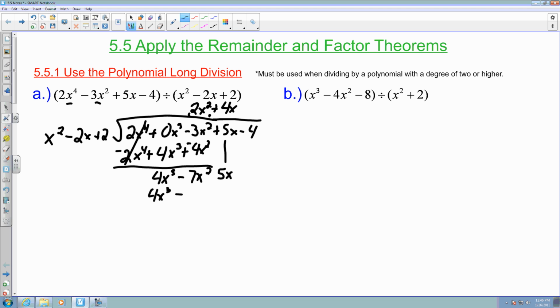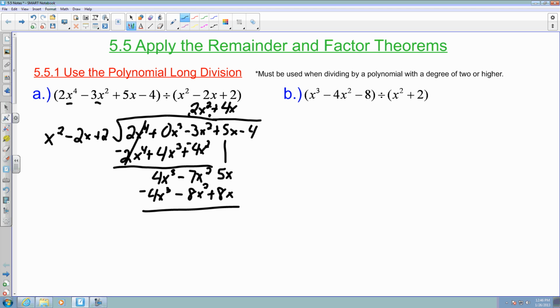I distribute it out, so that becomes 4x cubed minus 8x squared plus 8x. Okay, so I subtract these out, so make the bottom ones the opposite sign.